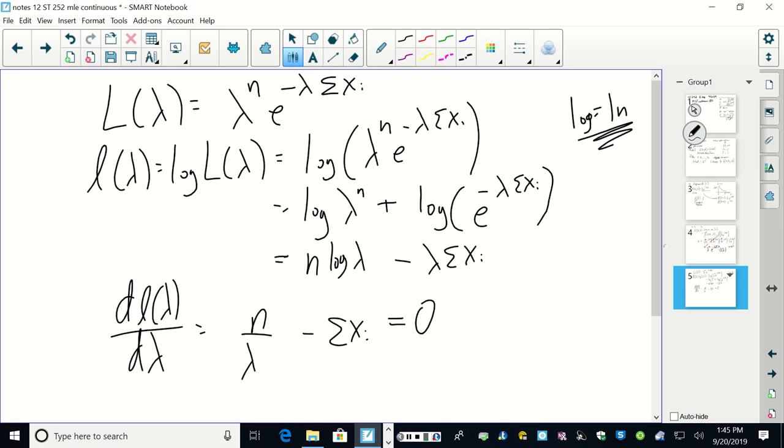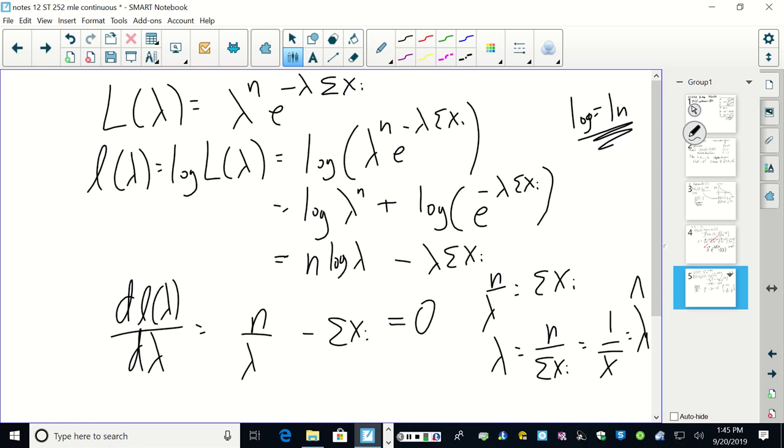We set that equal to 0. So n over lambda equals the sum of xi, and so lambda equals n over the sum of xi, which is 1 over x bar. And we call that lambda hat. That's our maximum likelihood estimator. So based on the likelihood, how do we estimate lambda?